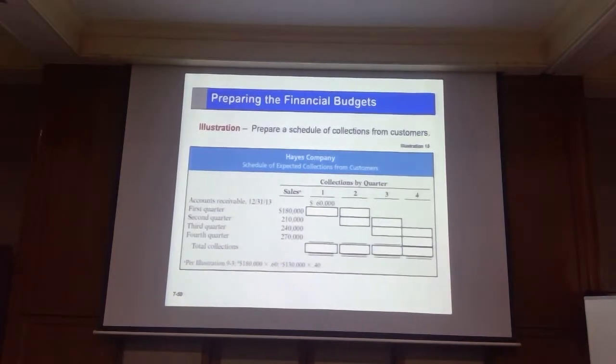How about the sale? During the first quarter, we can sell 180,000. How about cash? How much can we collect in the same quarter? 60%, right?